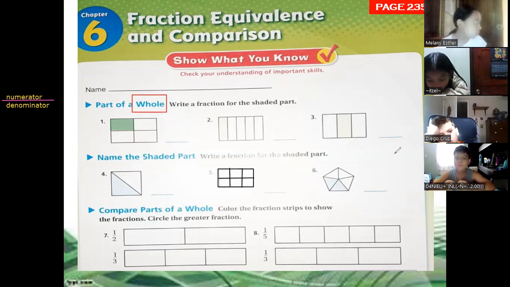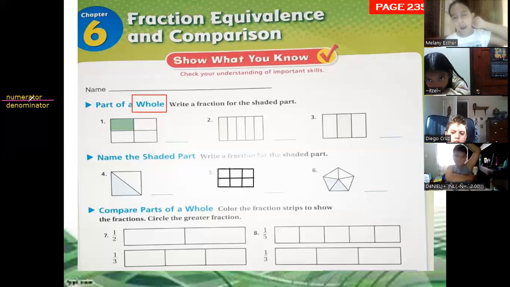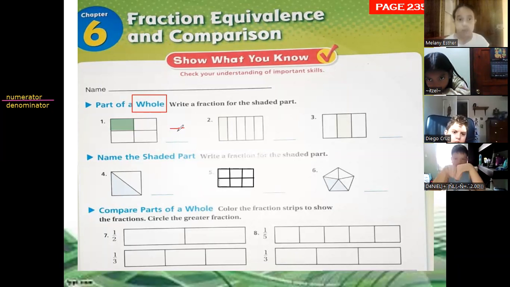Diego? 4. As you can see here, a fraction has 2 numbers. A line divides them, okay? So the number of parts the whole is divided into is the denominator. So this rectangle is divided into 4 parts.